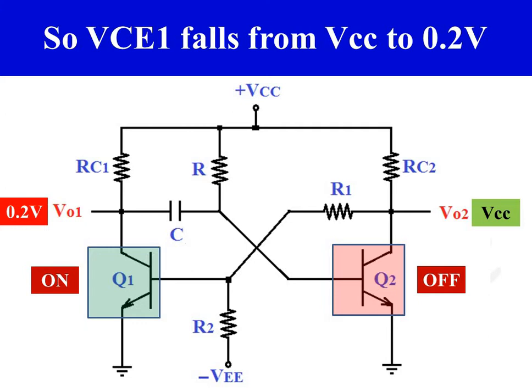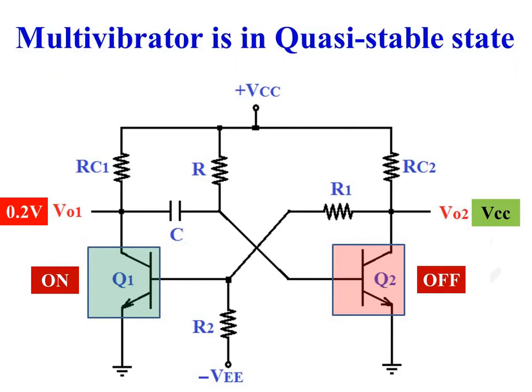So transistor Q2 continues to be in the off condition, and the monostable multivibrator is in the quasi-stable state of operation. So this is the quasi-stable state of the monostable multivibrator. Q1 is on and Q2 is off.